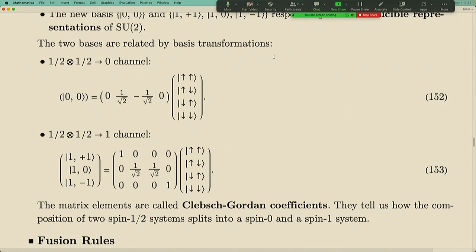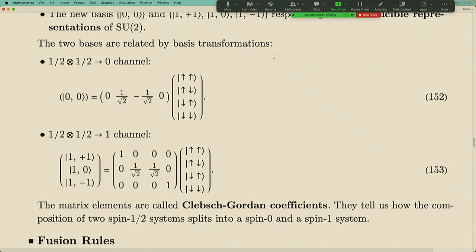For example, 4 columns here project to 1 row, which means that I'm taking a 4-dimensional Hilbert space and projecting it into a 1-dimensional Hilbert space. Here, I'm taking a 4-dimensional Hilbert space and projecting into a 3-dimensional Hilbert space. So these matrices tell us how to recombine the bases in the previous larger Hilbert space and then project separately into each channel or each sector. So this is like a communication channel or fusion channel of these particles.